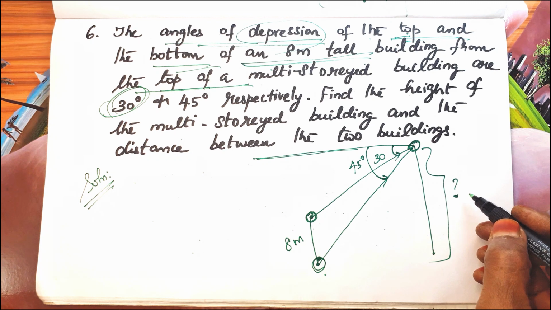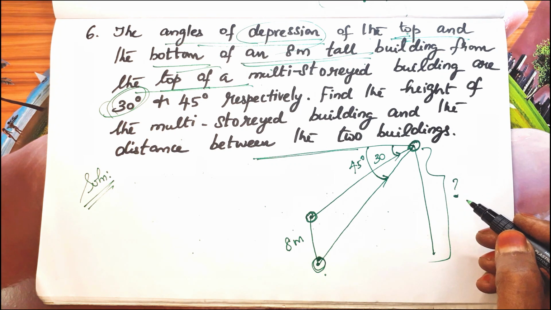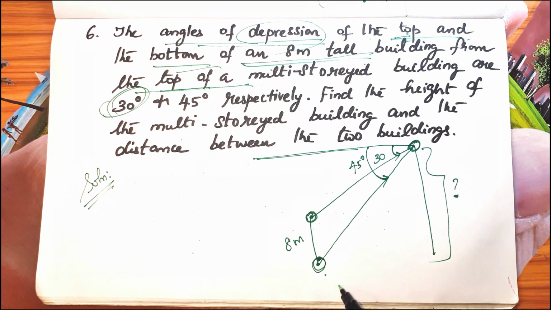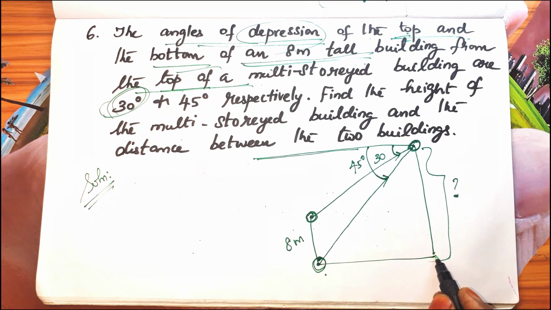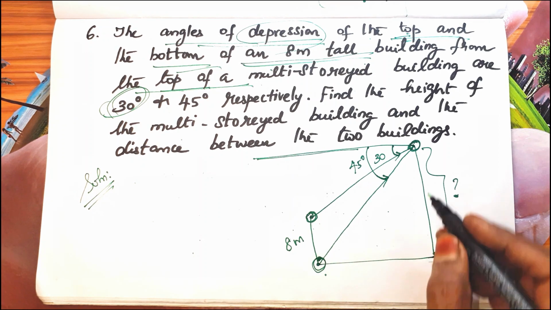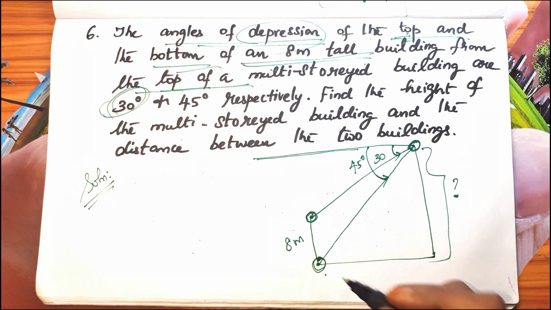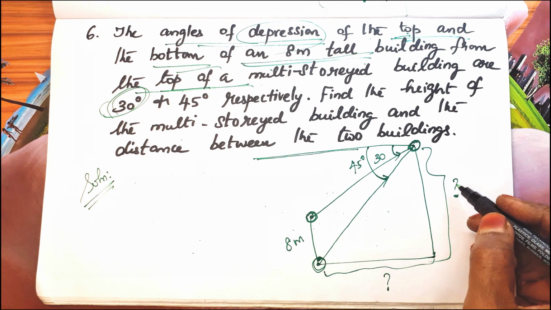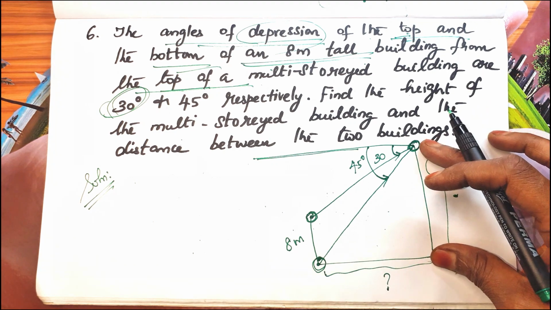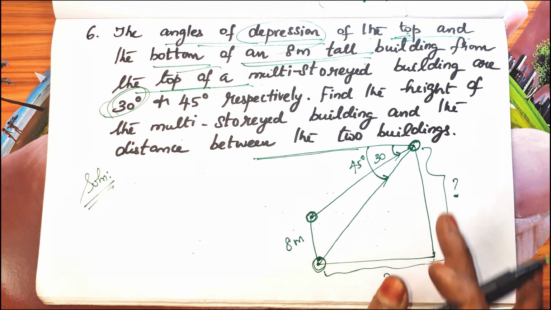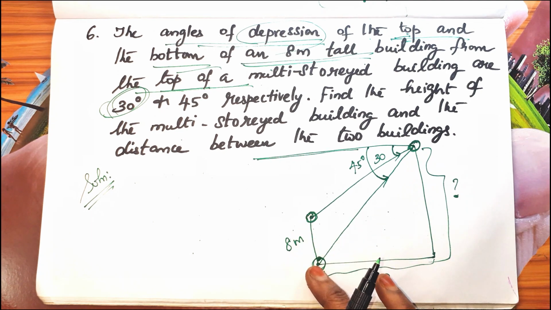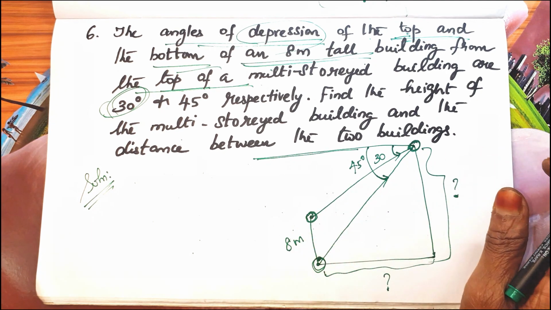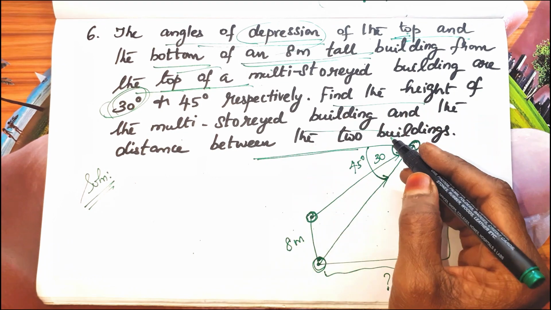We are going to calculate the distance between the two buildings, that is, the distance between the multi-story building and the 8-meter tall building. So we are going to find the height of the multi-story building and the distance between this building and the 8-meter building.